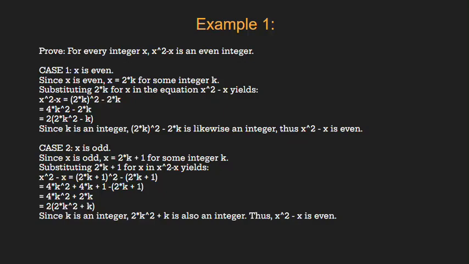Substituting this for x in x squared minus x yields, in parentheses, 2k plus 1 squared minus, in parentheses, 2k plus 1, which reduces further to 4k squared plus 2k, from which the value 2 can be factored out, meaning since k is an integer, 2k squared plus k is also an integer. Thus, x squared minus x is even.